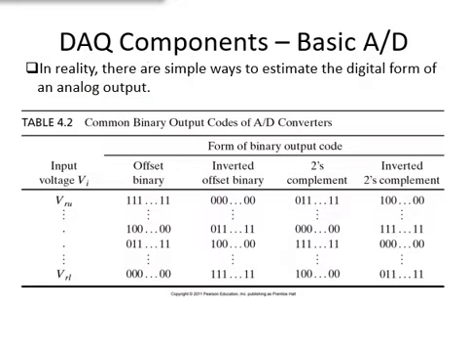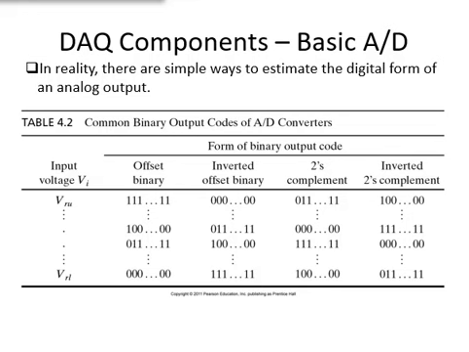DAQ Components, Basic AD. There are a number of output codes that are used to represent the digital output of an AD converter. Bipolar converters need to represent input with both positive and negative signs. Bipolar converters most frequently use one of two other common codes, 2's complement binary or offset binary.